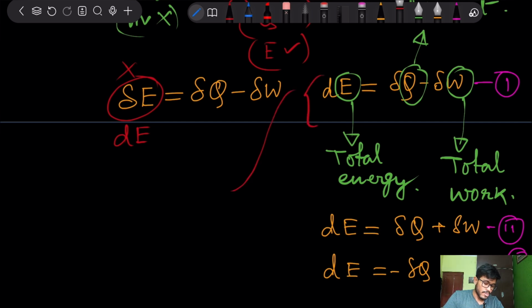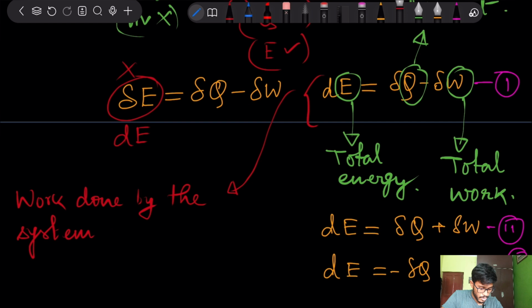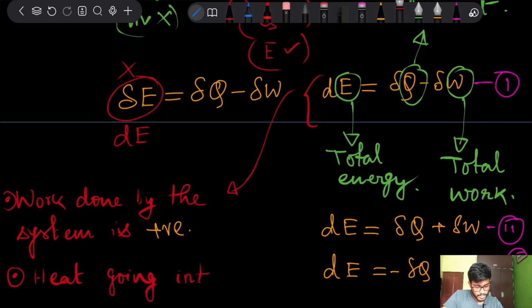In this equation, my sign convention is that work done by the system is positive, and heat going into the system is positive, right?